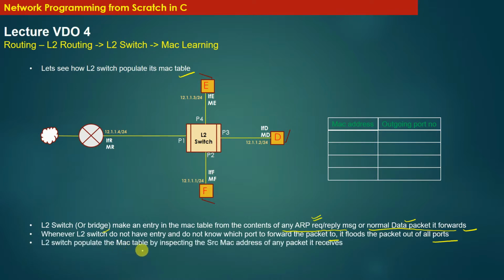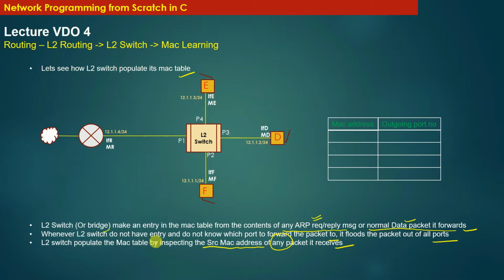So the L2 switch populates the MAC table by inspecting the source MAC address of any packet it receives. Remember, it could be any packet which has an Ethernet header, and inside that header you will have the source MAC address.